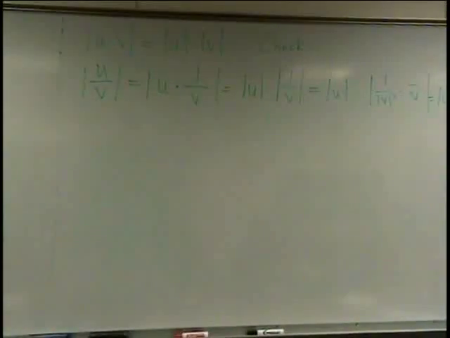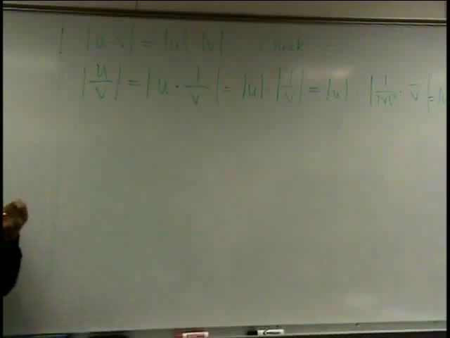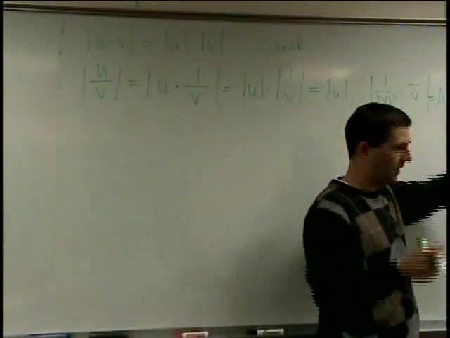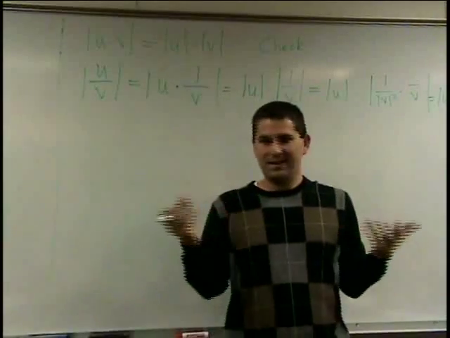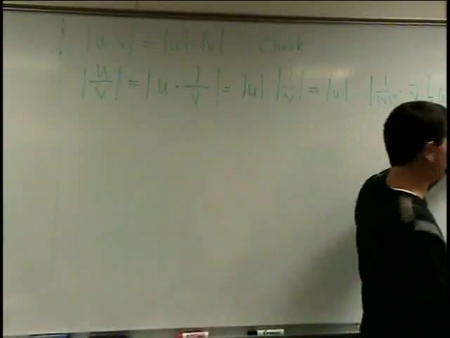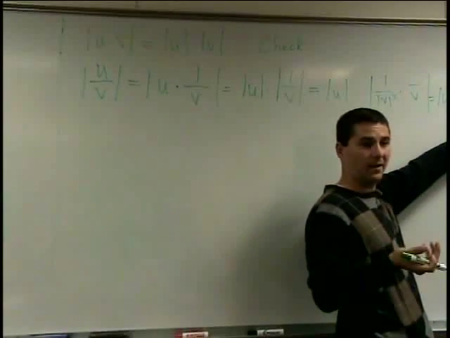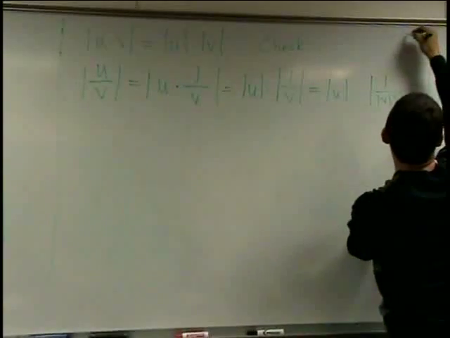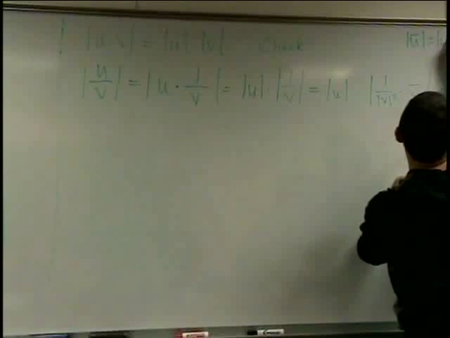Well, think about what you do when you take the norm. You do a squared plus b squared, and you square root it. When you do v bar, you make it minus b, but when you square minus b, it doesn't change what it's going to be. So this is actually the same as what? It's just the norm of v. Right? So the norm of v bar equals the norm of v.